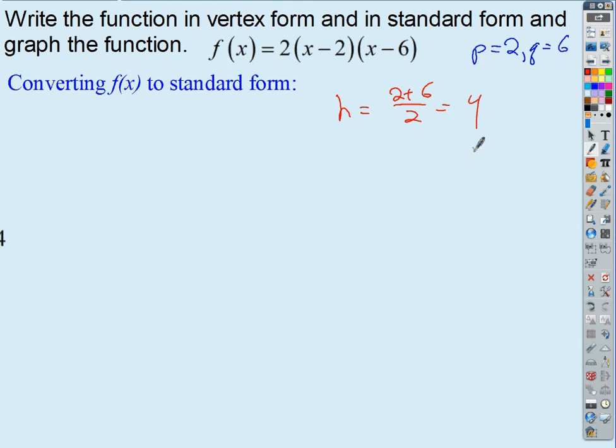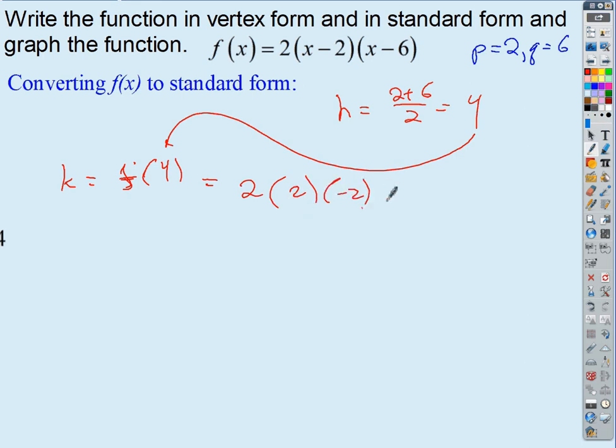And then k is just going to be f of 4, not 2, because that's what I got for h. So what's that going to equal? 2 times 4 minus 2 times 4 minus 6. Done. I got h, I got k.